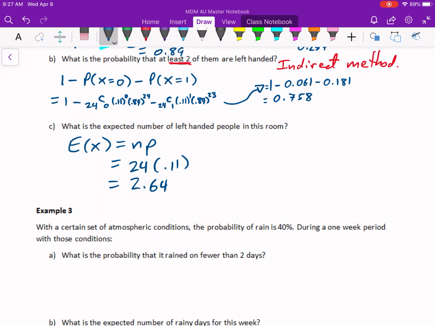So that's the expected number of left-handed people in the room. This many on average.